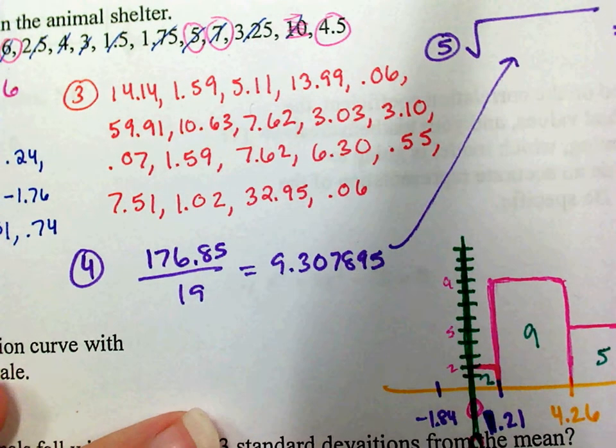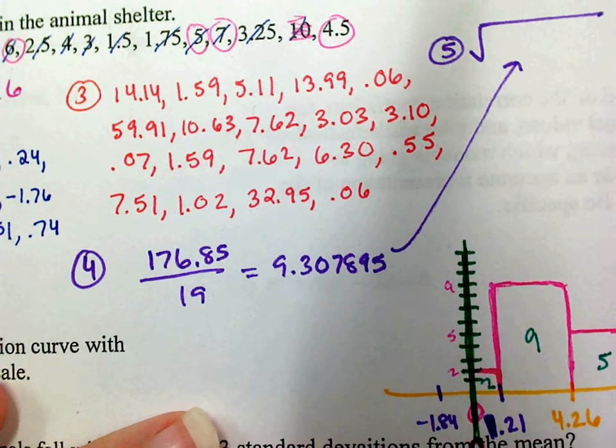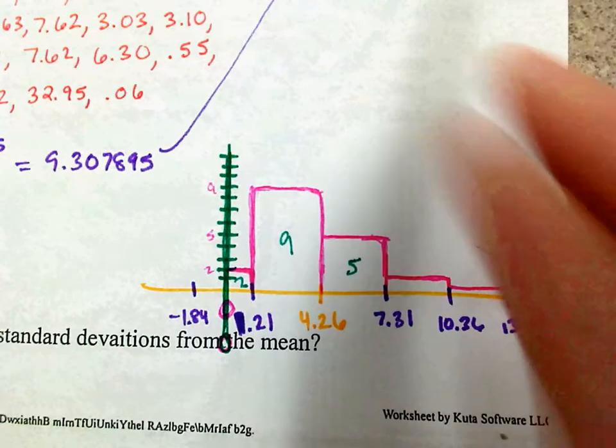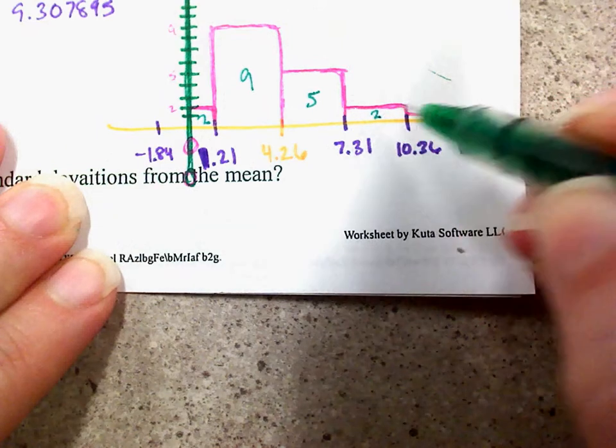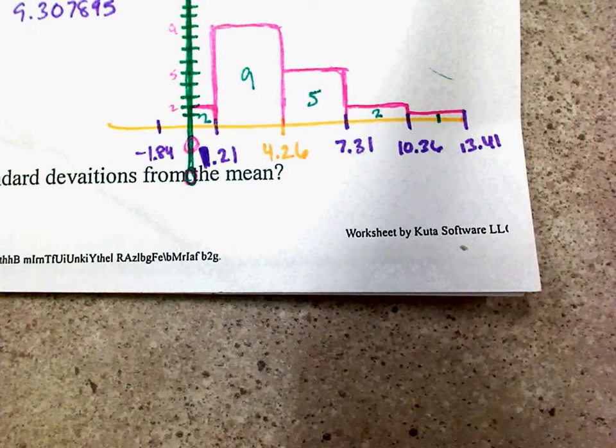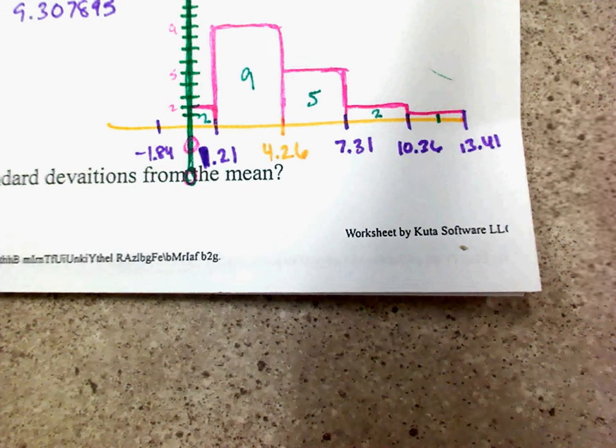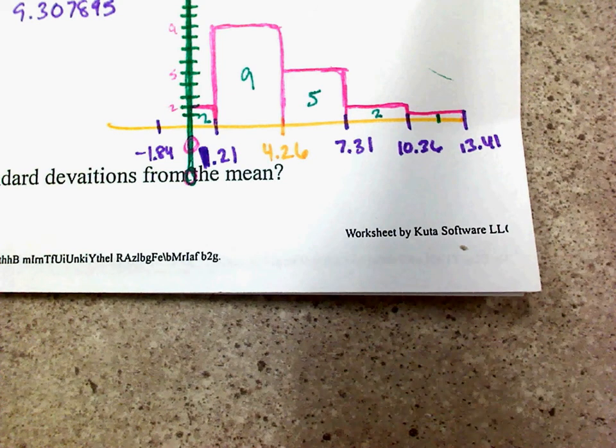Good. Does that add up to 19? Because if it doesn't, then we're wrong. I'm thinking, yeah. That means we're perfect. Good job.